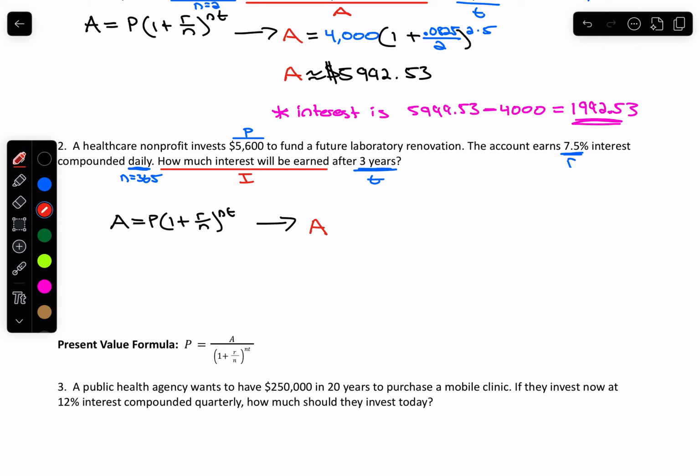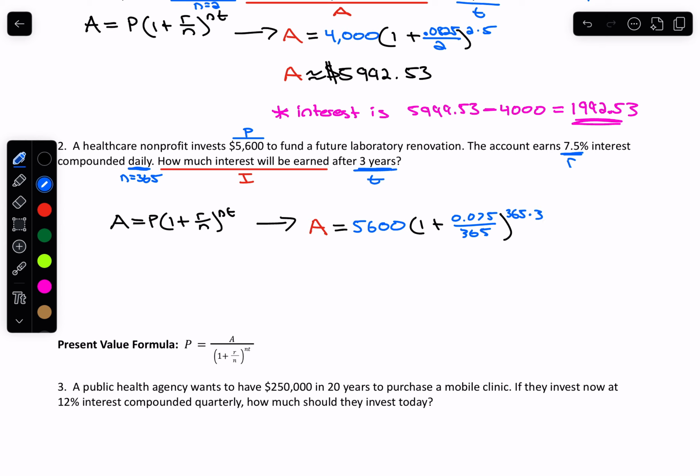So we can go ahead and solve here. We're going to say that A is equal to our principal, which was 5,600, multiplied by 1 plus, we have to turn our interest rate into a decimal, 0.075 over 365, which is our number of compounding periods. We're going to raise this to the power NT, which is 365 multiplied by 3.